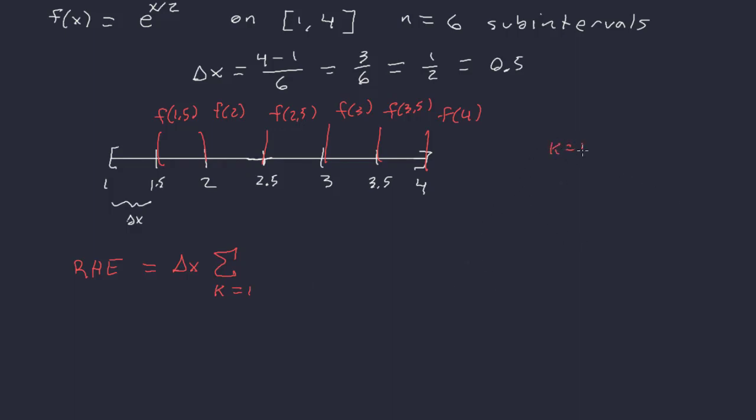When we plug in k equals 1, we want that to correspond with 1.5. And when we plug in k equals 2, we want that to correspond to 2. All right, so it looks like if I wrote this as 1 plus 0.5, so that's actually 1 plus a half.